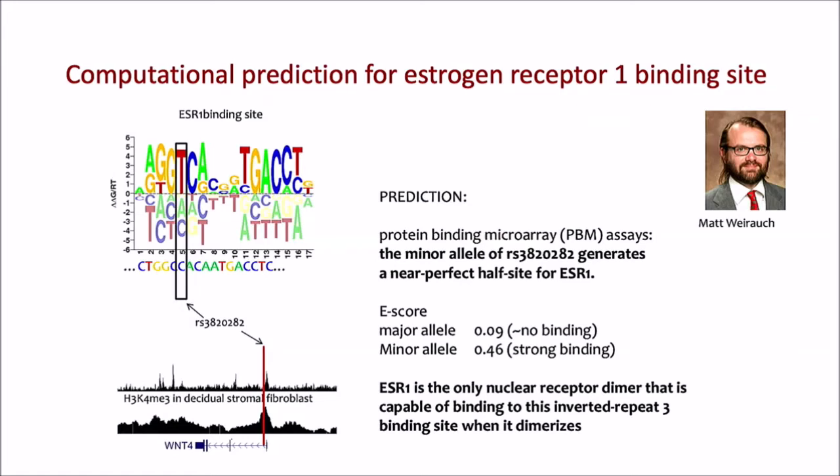And you can see that in the particular decidual stromal fibroblast that is actually an open chromatin region, and this is really the Wnt4 gene.